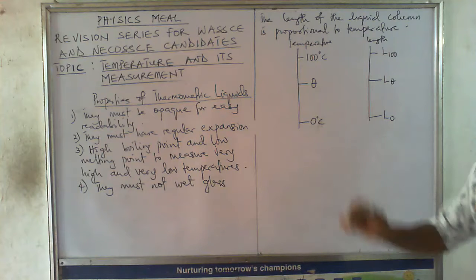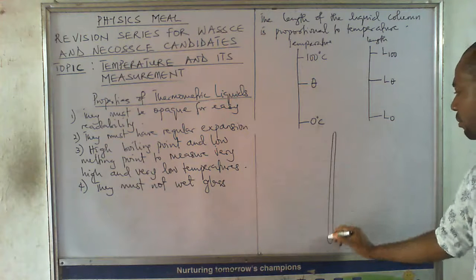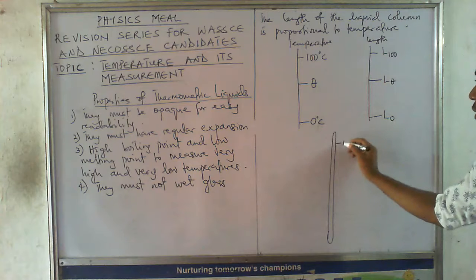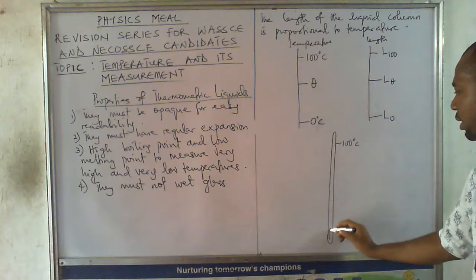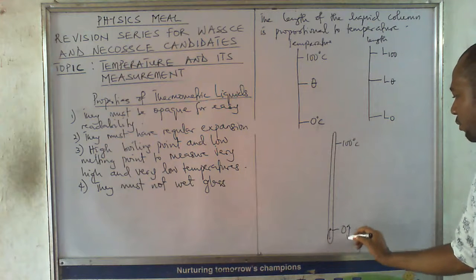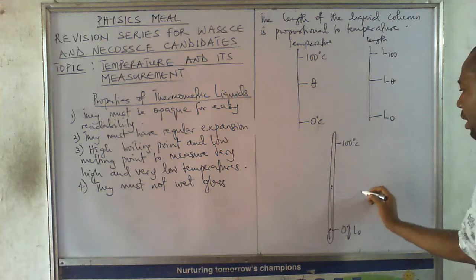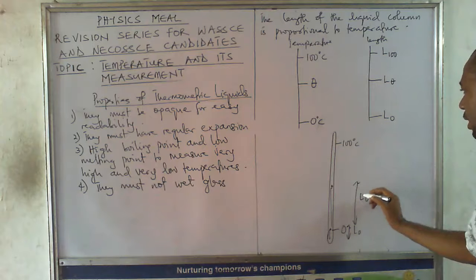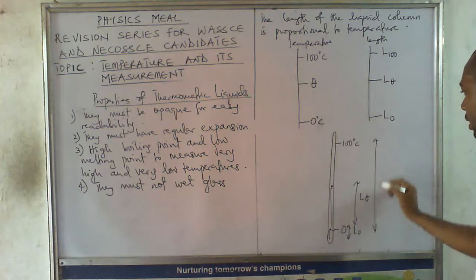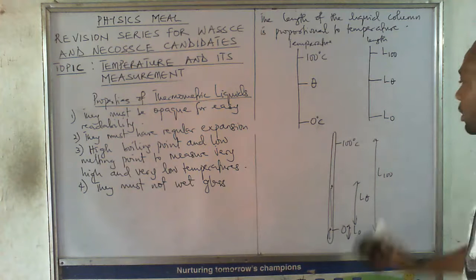Remember, if you see a liquid in glass thermometer, we have something like this, and you have that 100 degrees, you have 0 degrees. So the liquid can rise to this. If you measure the length of the liquid, it is L0. Then when the liquid rises to a particular length, that becomes L theta, and then from there this becomes L100. That's what we are trying to say.